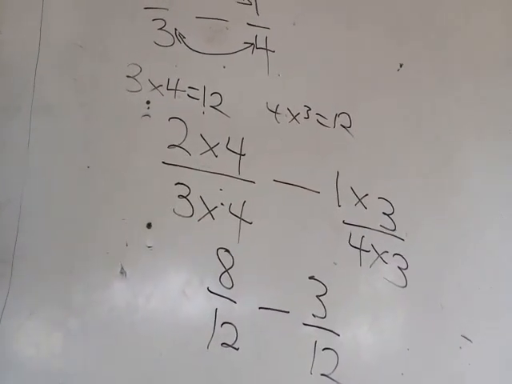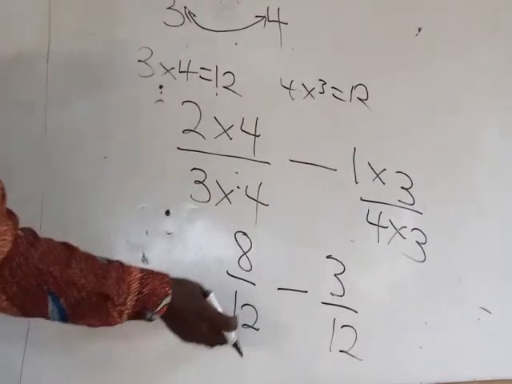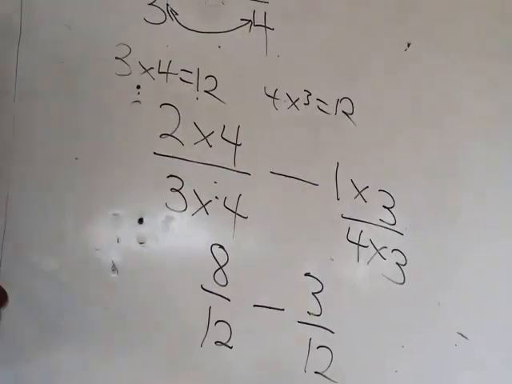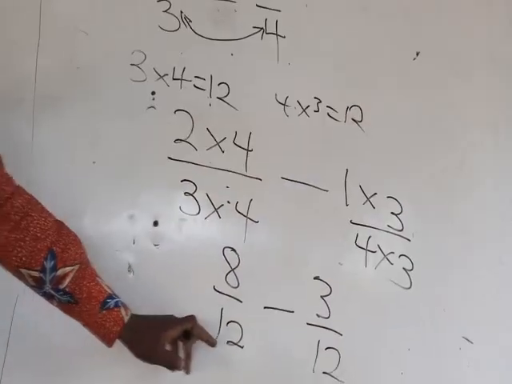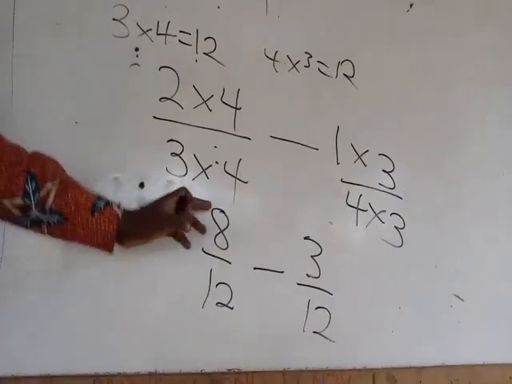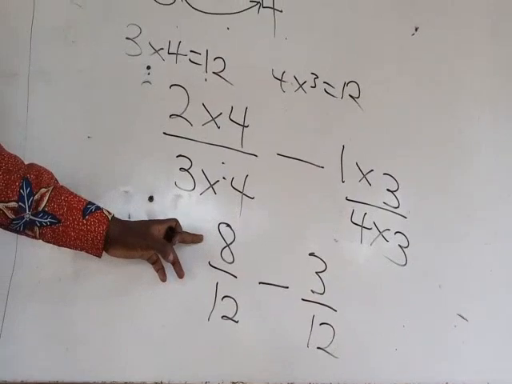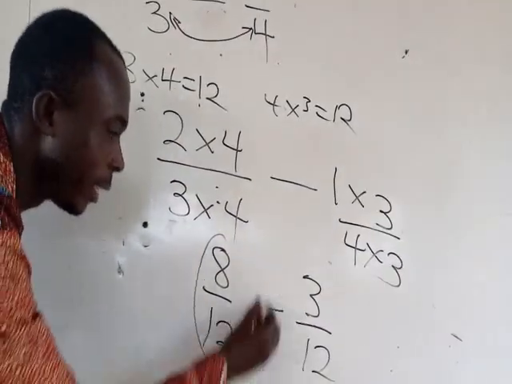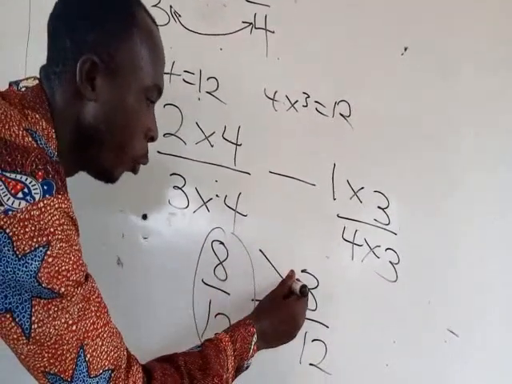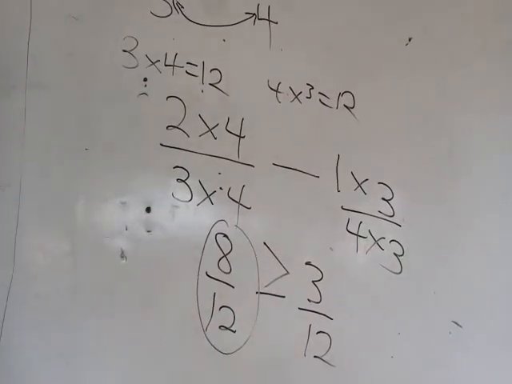You see what I'm getting? So 8 over 12 dash 3 over 12, and I'm saying once the denominators are the same, the one with the greatest numerator is always the greatest what? Fraction. And we see this one is greater than what? This one. So you use our greater than sign.